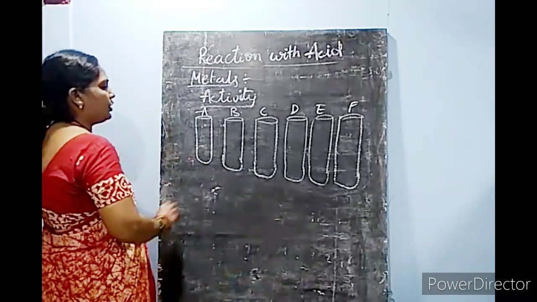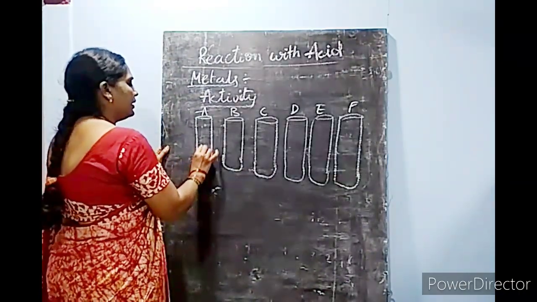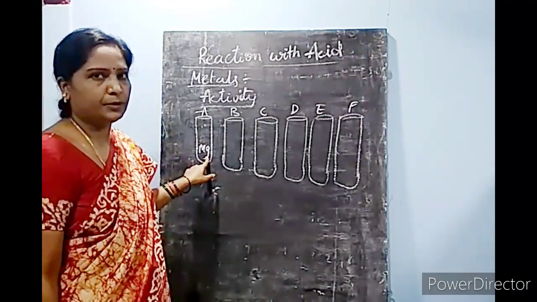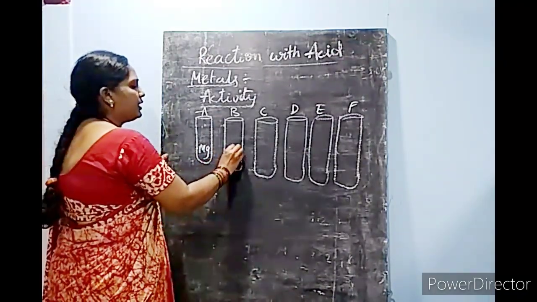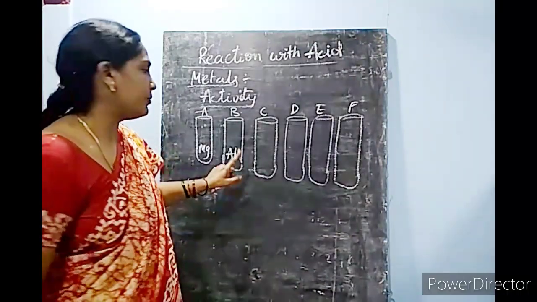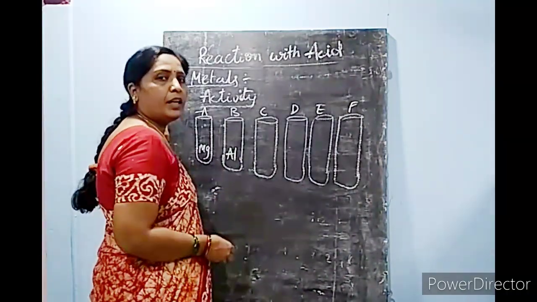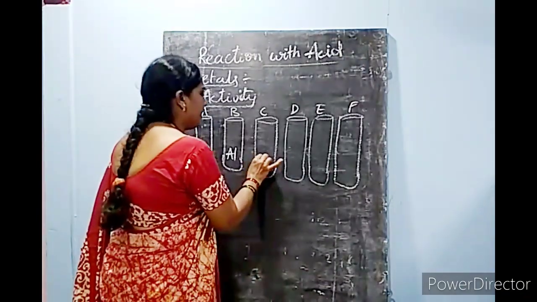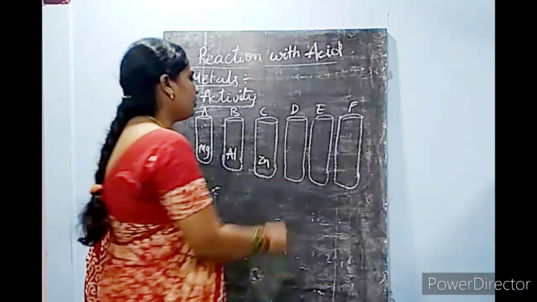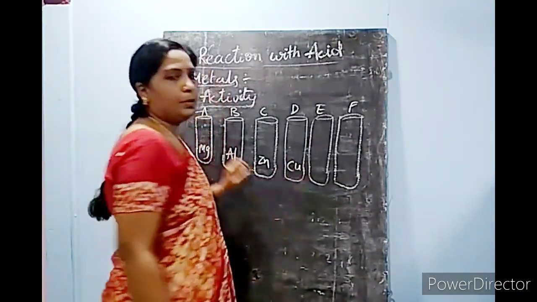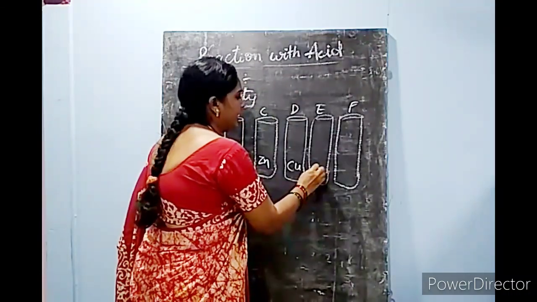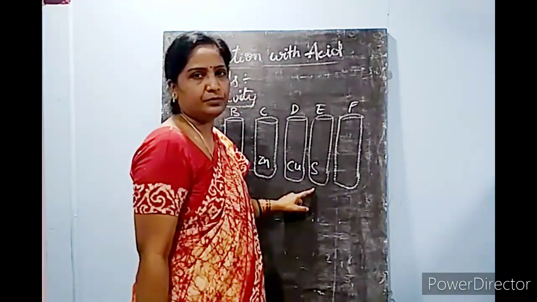In the first test tube, you take a small magnesium ribbon. In the second test tube, take a little small aluminium wire. In the third test tube, take some zinc granules. In the fourth test tube, take copper. In the fifth test tube, take sulfur powder.